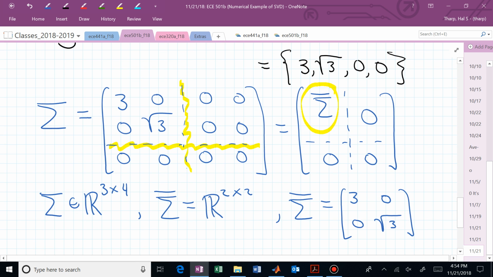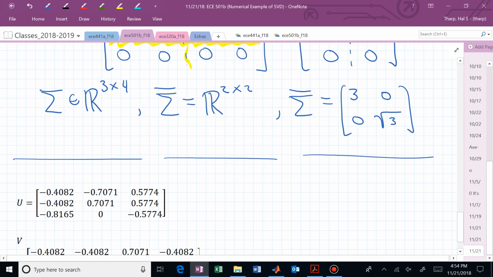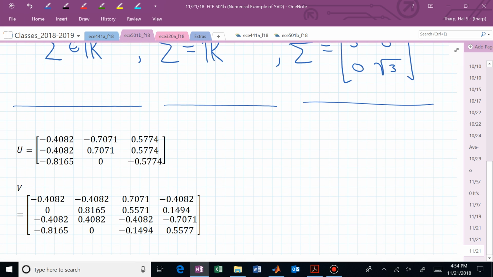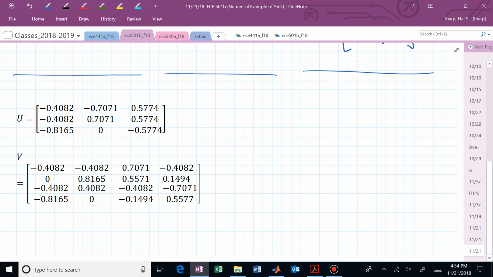And that's now this 2 by 2 matrix consisting of 3 and square root of 3 on the diagonal. If we now looked at what MATLAB produces, I've typed these in so that you can read it. I didn't want to write all of those 4 significant figures in my own handwriting. Here hopefully you can see.